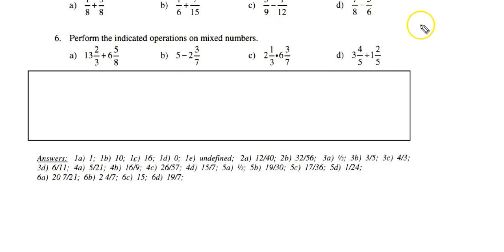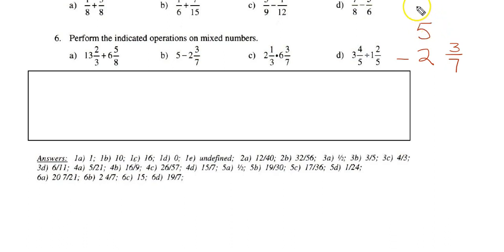Now again, different ways to do it, but I might suggest this way. There's my 5, and we want to subtract 2, and then this is 3/7. Now, I don't have any fraction here, but I can borrow 1 from the 5.